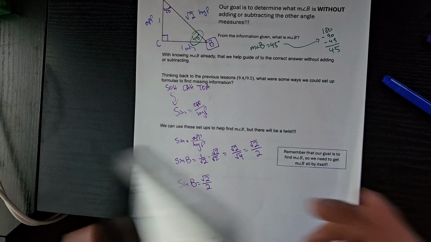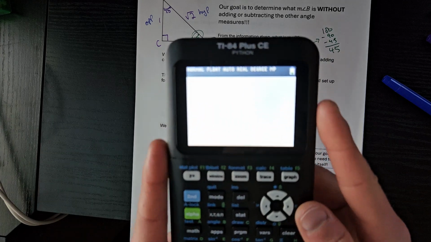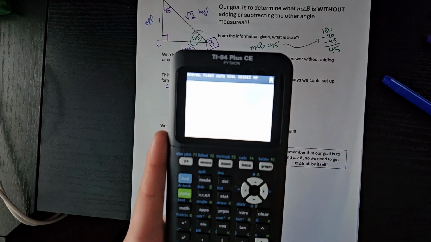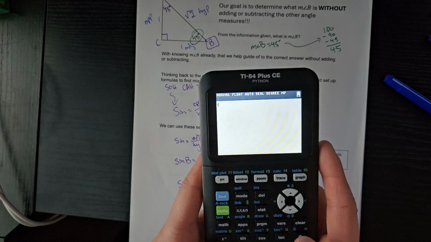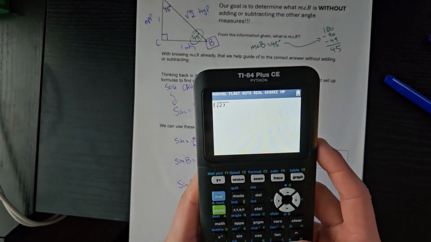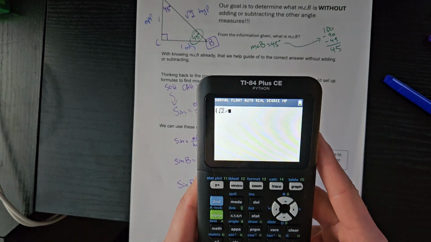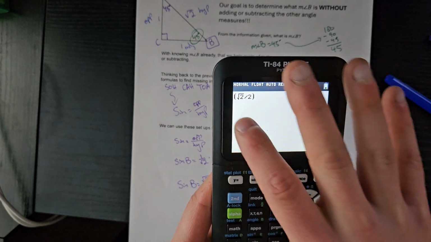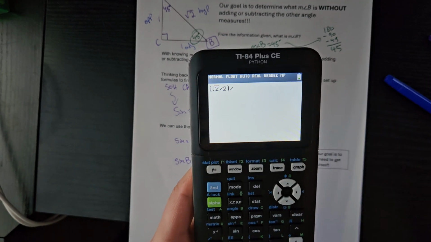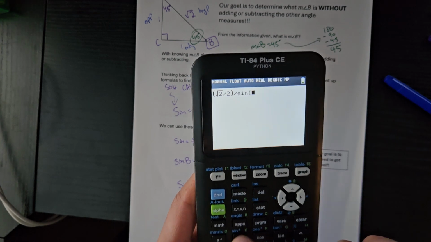So let's try dividing it. I'm going to do it on the calculator because I don't want to write it out. Square root of 2 over 2, I'm putting it in parentheses so that it works, then I have to divide it by sine.